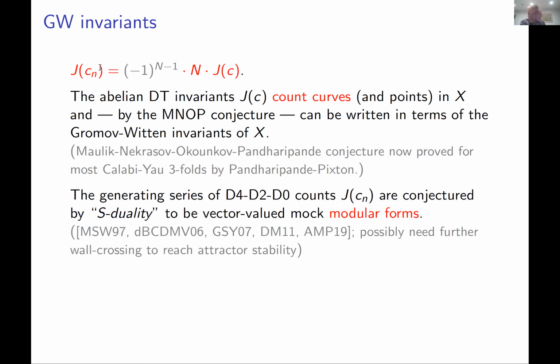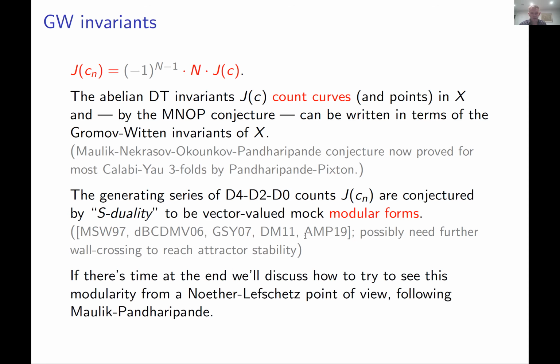On the left-hand side you can form a generating series of these guys. And then S-duality predicts they're supposed to give you modular forms. So here are some of the references. You guys probably know, or half of you guys know those references better than me.